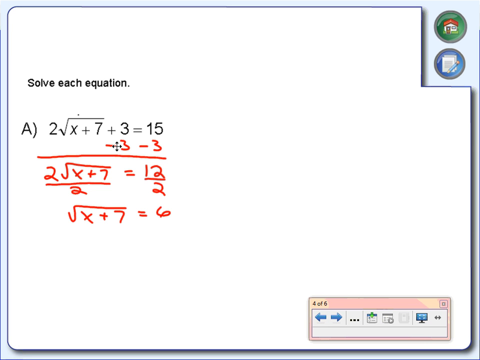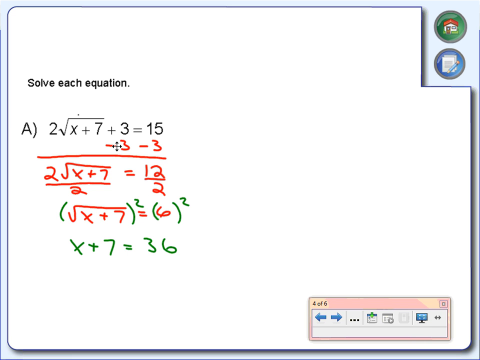So the next step we have to do is square both sides, because that's what's going to get rid of the square root. We're going to come over here and square both sides. When I square this side over here, we're going to end up with x plus 7. When I square the 6, I end up with a 36.